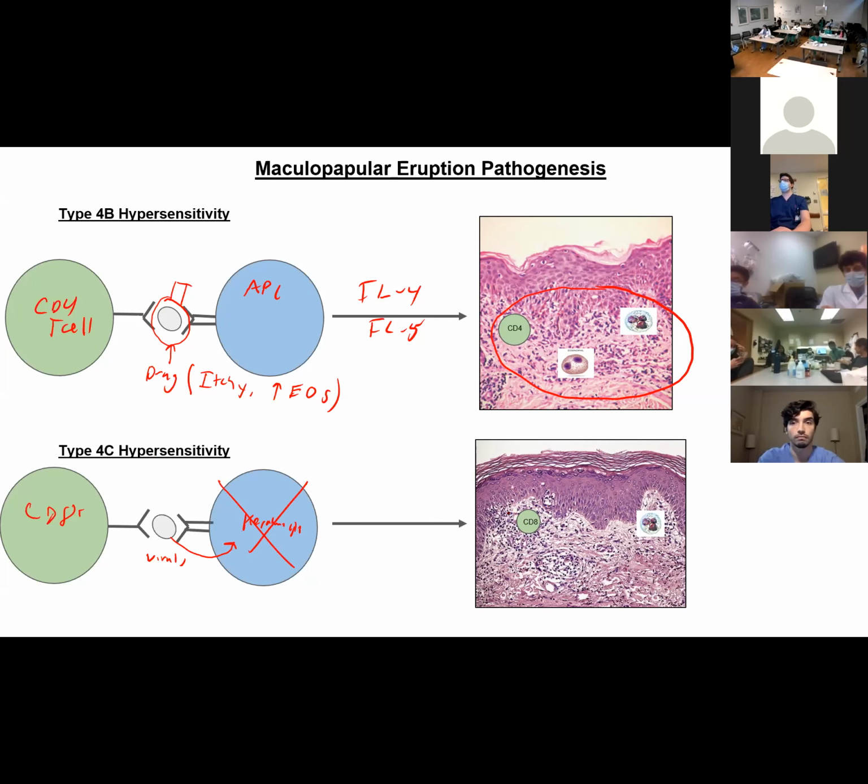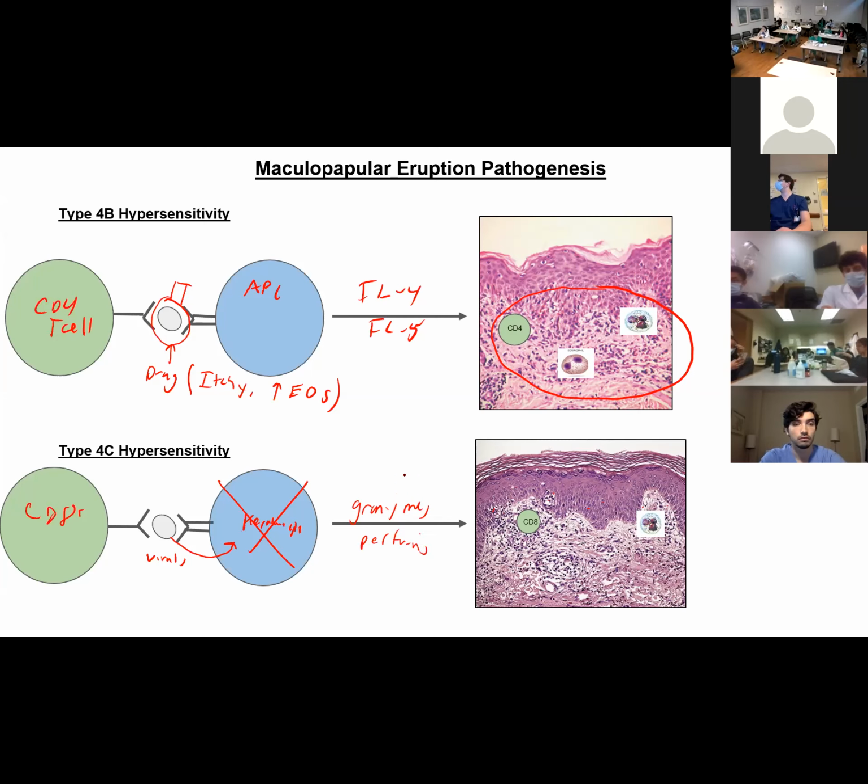Usually on biopsy, you're going to see all these little apoptotic keratinocytes, and these patients are less likely to have eosinophilia with these viral reactions, right? When you see a virus, the first thing you think about is not eosinophilia, and this is why. It's more likely the cytotoxic CD8-like reaction, and it usually uses granzymes and perforin to destroy your keratinocytes.